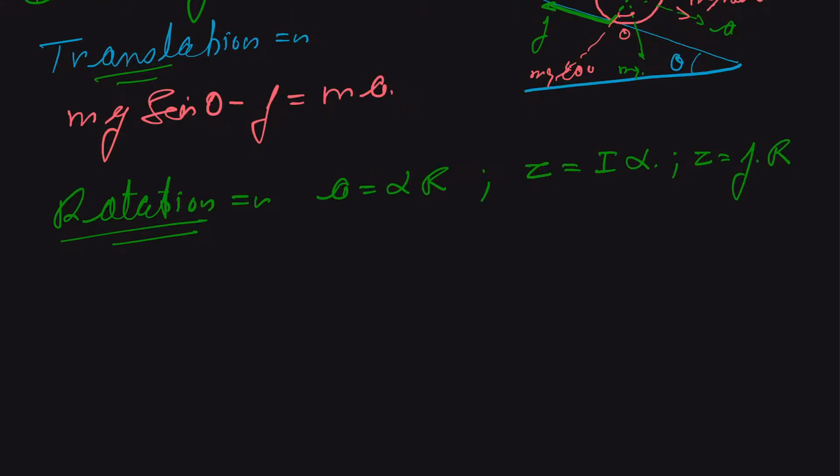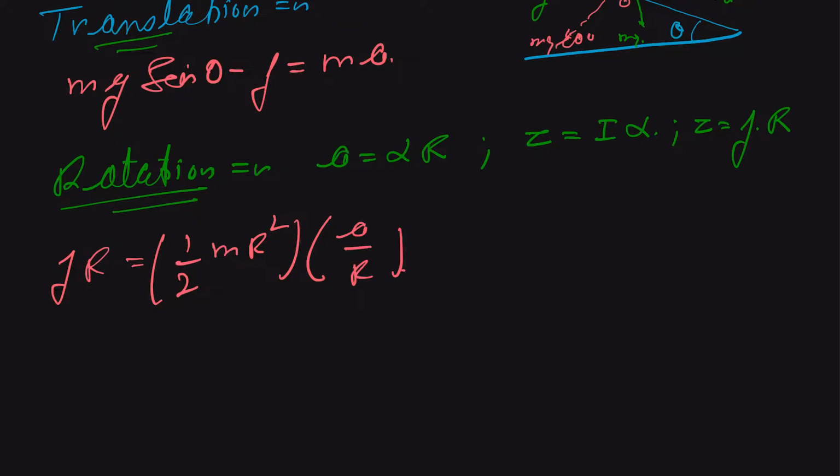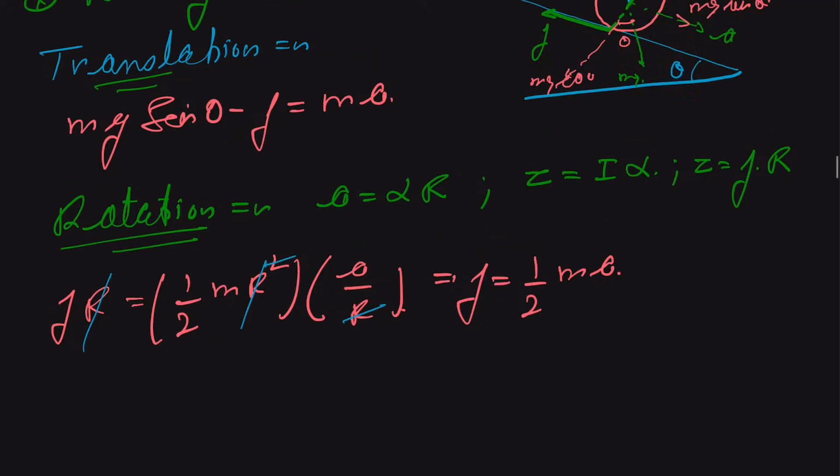So we simply substitute that, we get F times r is equal to I alpha, and I is the moment of inertia, which is half m r square, and alpha we can write as a upon r, and here this square goes by r, and this r goes by r, and we get from here that our frictional force will be equal to half m times a, and we substitute it into the translational equation.